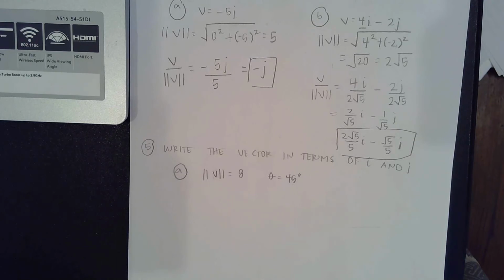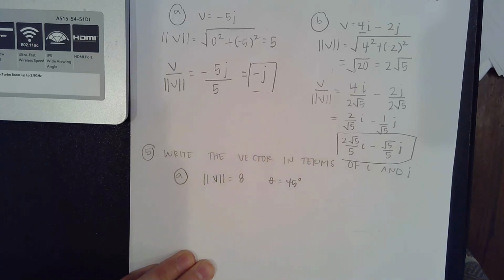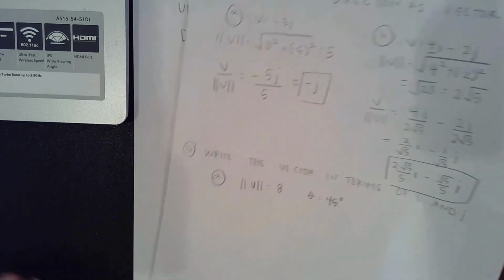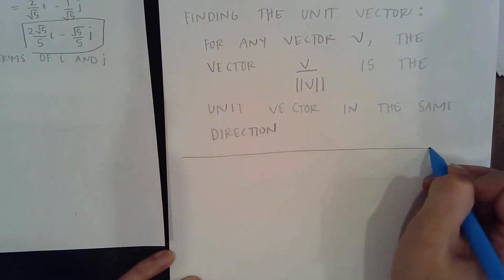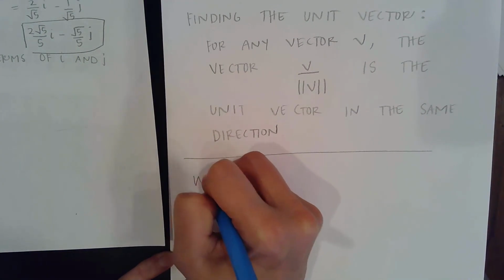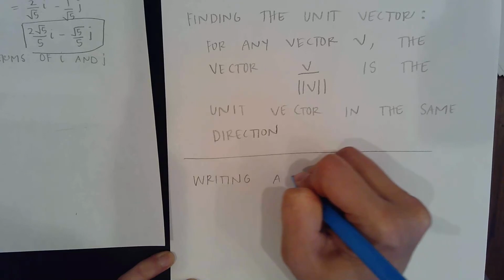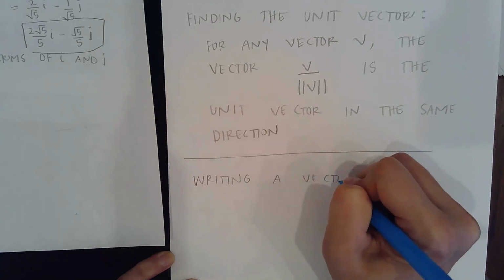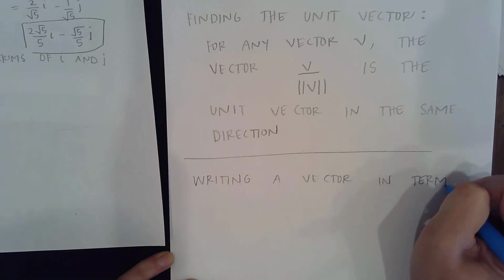Good. All right, and last but not least, if we wanted to write vectors in terms of i and j, if we're given a magnitude and an angle, so writing a vector in terms of magnitude and direction.